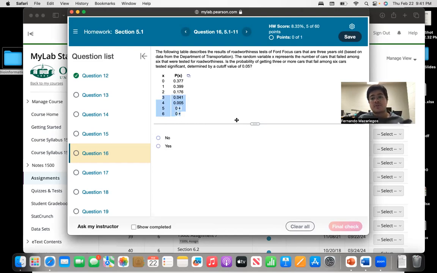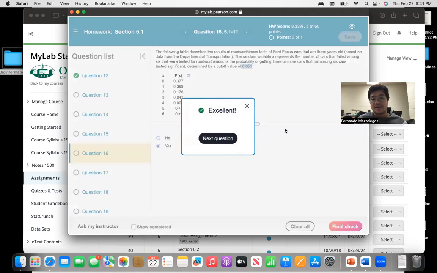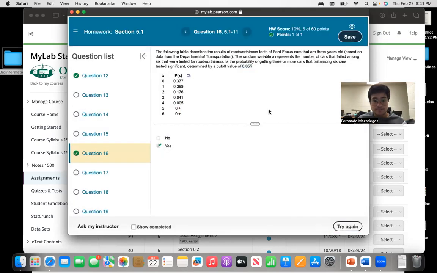It is 0.046. I cannot write it down anywhere, but it's 0.046. We are comparing that to 0.05. And 0.046 is less than 0.05. So it is significant. Okay. I hope that was clear. It's pretty similar to what we did in question 12.